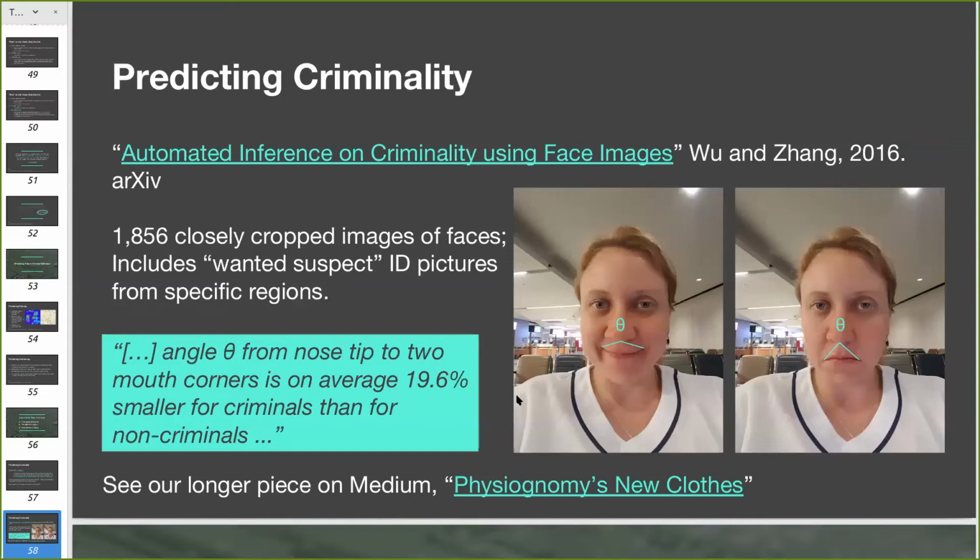The paper says that for criminals this angle is smaller compared to non-criminals. But to put it another way, the difference between the two images is that in the first image the lady is smiling, and in the second she is not.